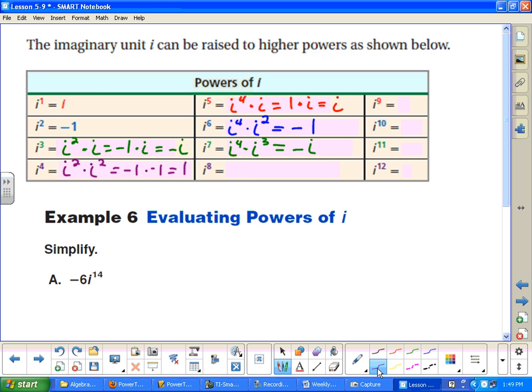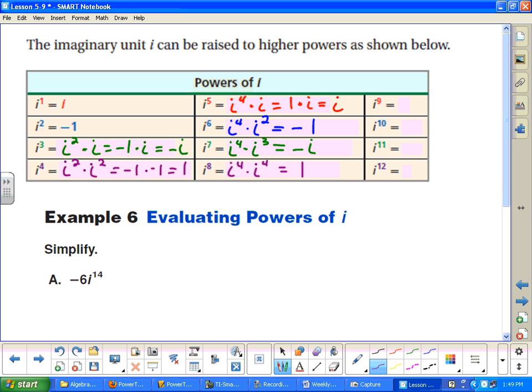i to the 8th. How could we break up i to the 8th? 4 and 4. i to the 4th times i to the 4th is equal to 1, because 1 times 1 is 1. Anybody see a pattern? No?